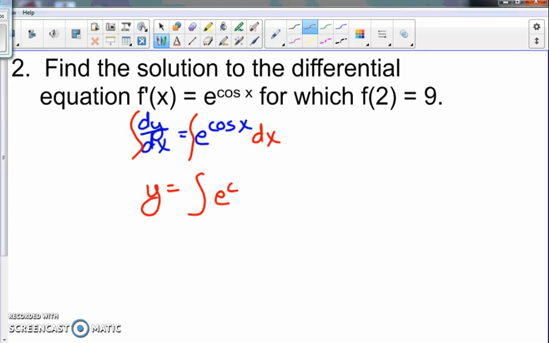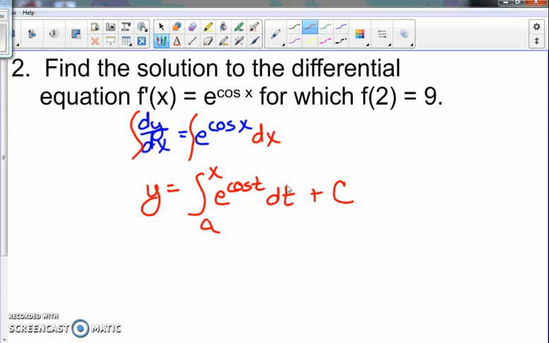the integral of e to the cosine of t dt going from c, well, why don't we call it a, to x, and then you would stick a plus c on the end. That would be your general solution, okay, and it would just be that a is any real number.